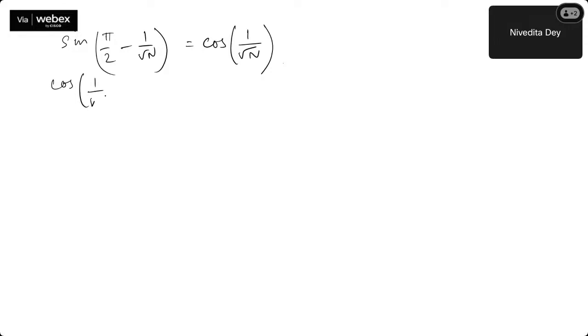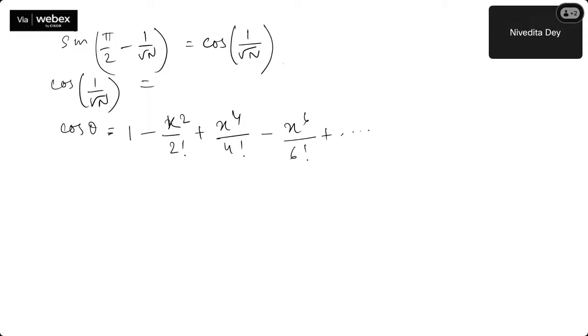And cos of 1 by root n on expansion is nothing but, we know that cos x is 1 minus x square by 2 factorial plus x to the power 4 by 4 factorial, likewise it goes.